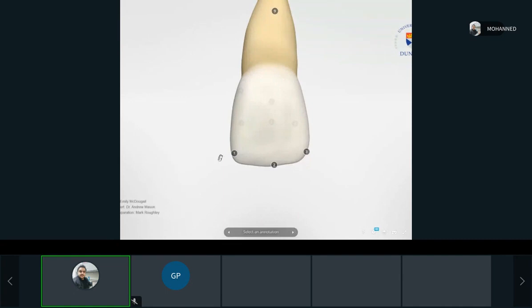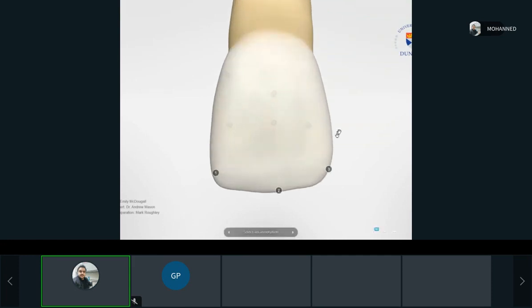This is the mesial side, and this is the distal side. If you look closer, this angle is usually sharp compared to the distal angle that is more rounded. So again, we're trying to figure out features that would help us with recognizing each tooth, right? So again, sharp angle here and then rounded here.